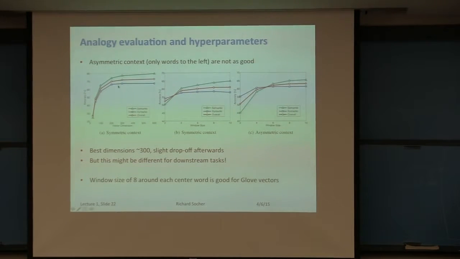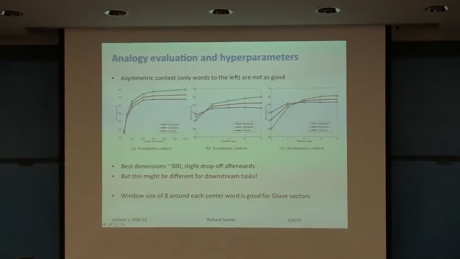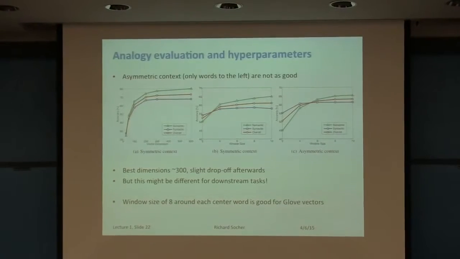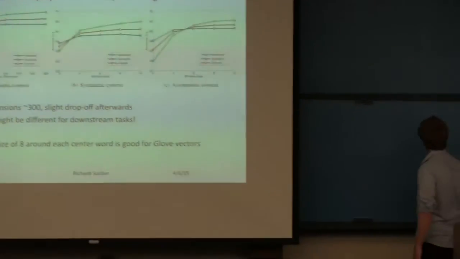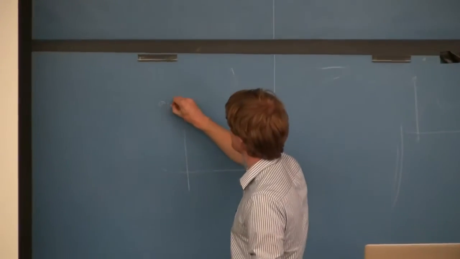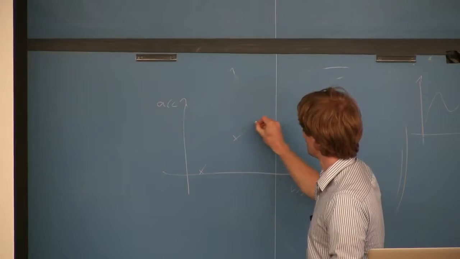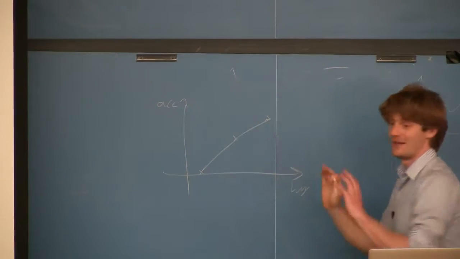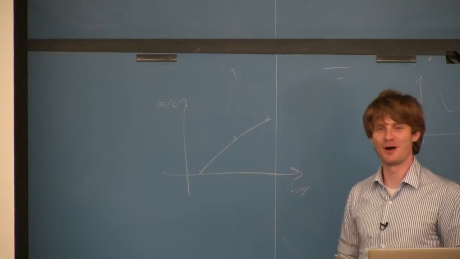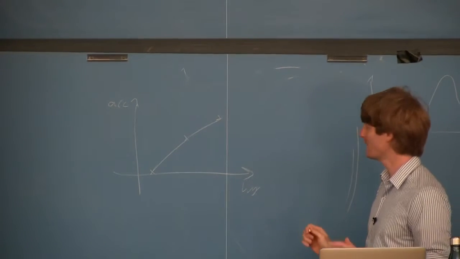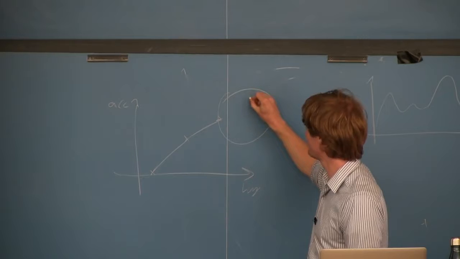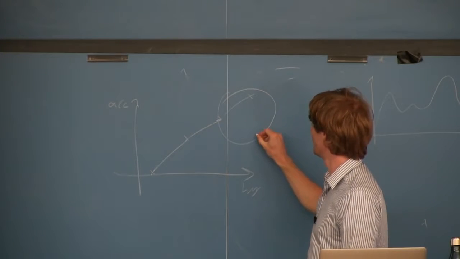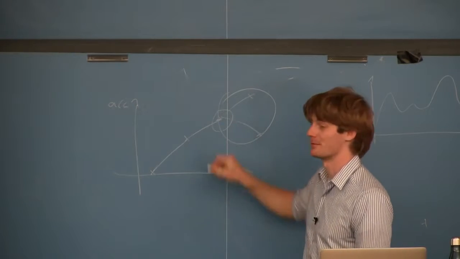So if you're ever making a plot, and this is going to be potentially important for your next couple of problem sets throughout the class and definitely for your final project, if I ever see a plot where you have some kind of hyperparameter here and some kind of accuracy that you want to maximize, and the plot looks like something like this, and then you end there and you say, all right, I'm done, the deadline came up and I started the project too late and now I can't run more experiments, then I would probably subtract some points because I would like to see whether if you had just run another hyperparameter that is even larger, it would have gone up further, or if it actually went down from there and you found the optimal right here.